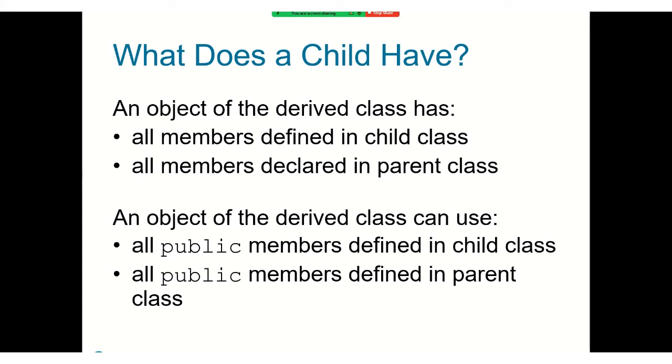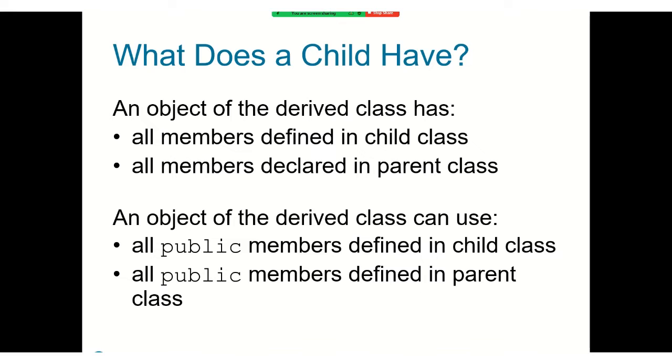On top of that, it has access to all members declared in the parent class. An object of the derived class can use all public members defined in the child class, and all public members defined in the parent class.